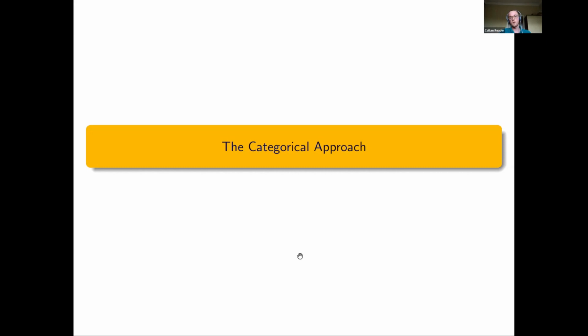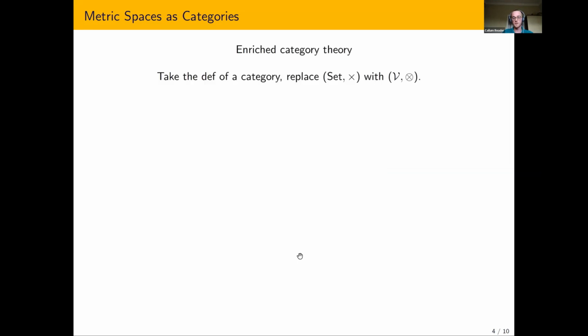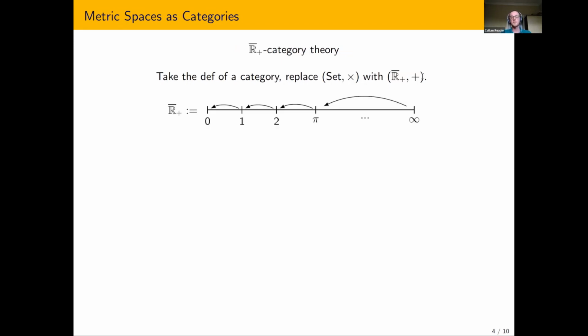So what's the categorical approach? Well, this relies on Lawvere's idea of metric spaces as enriched categories. So in enriched category theory, you just take the definition of a category, but everywhere it says set and Cartesian cross products, you replace it with just some arbitrary V, and this V is going to be a monoidal category, and then you replace this Cartesian product with just some monoidal product, and in this case, we replace it with what we're calling R plus bar.